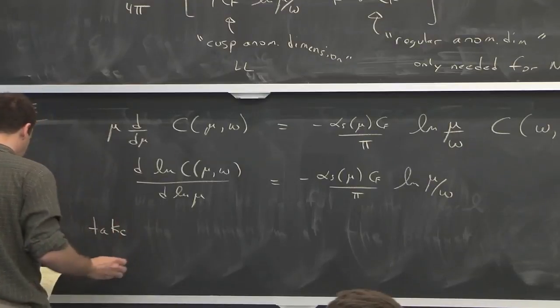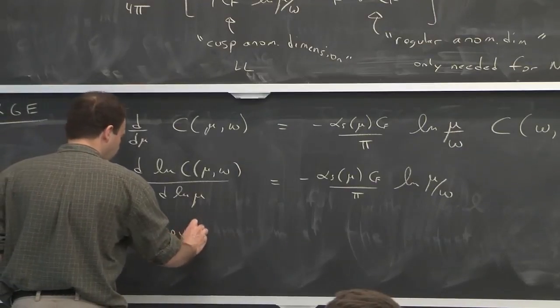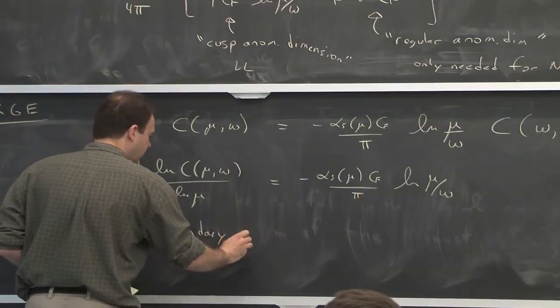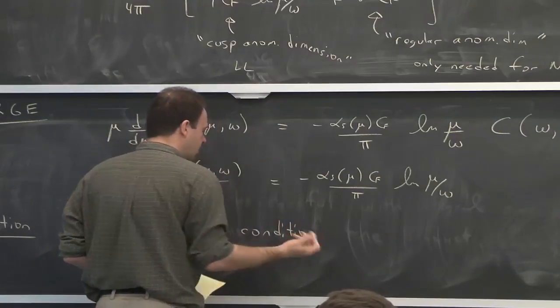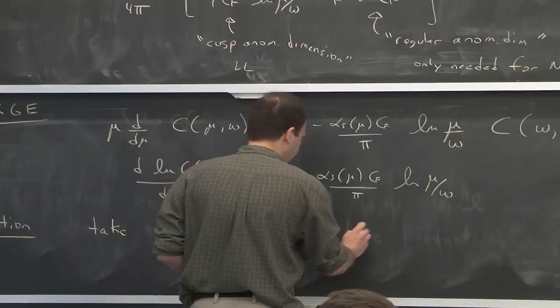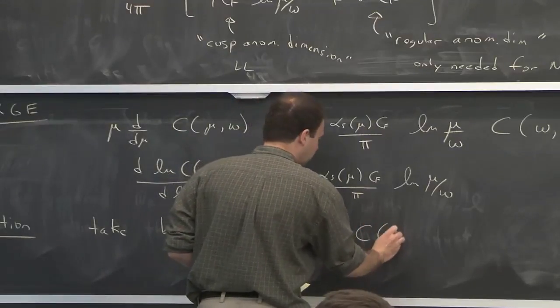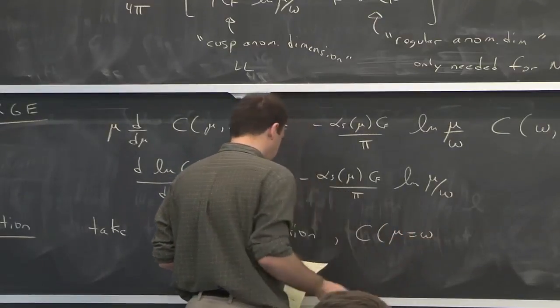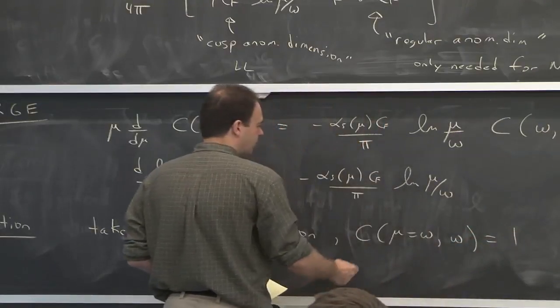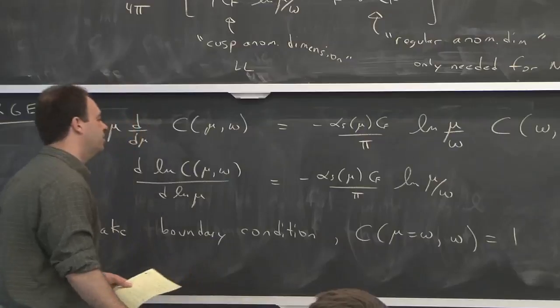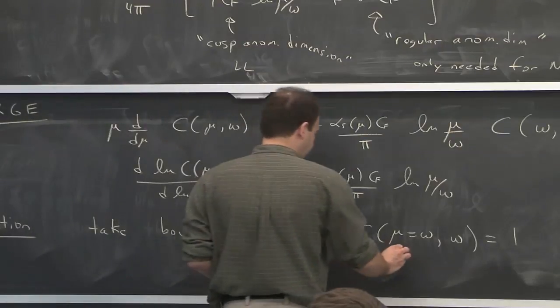Let me, for simplicity, use the following tree-level boundary condition. So at tree level, the Wilson coefficient was 1, but we have to pick some scale where we make that statement true. And for convenience, I'm just going to take that scale to be W. That makes things a little simpler.